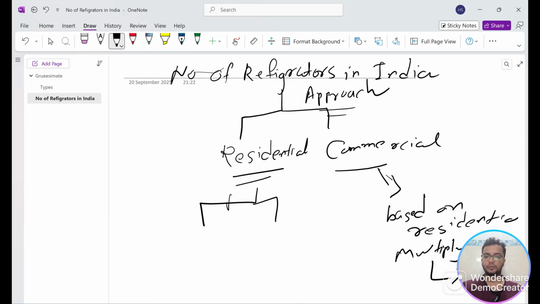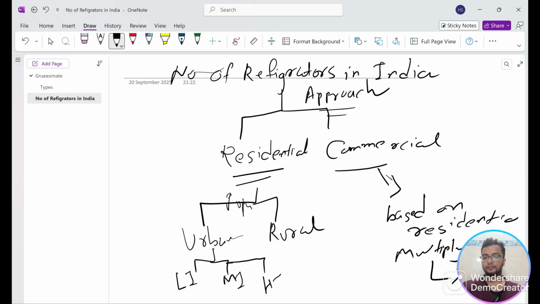First you take the population, urban, rural, then both can be split into households. There are lower income, middle income, and higher income. Same goes for lower, middle, and higher. There's one more thing for the middle income.